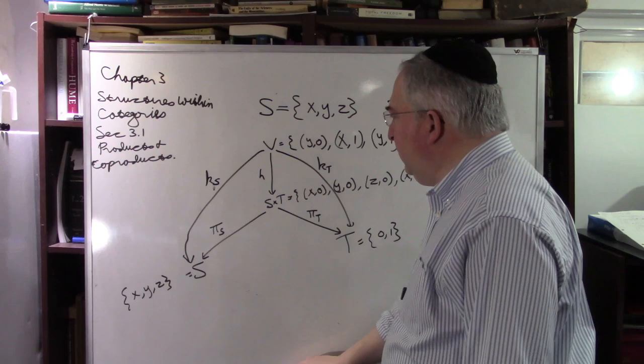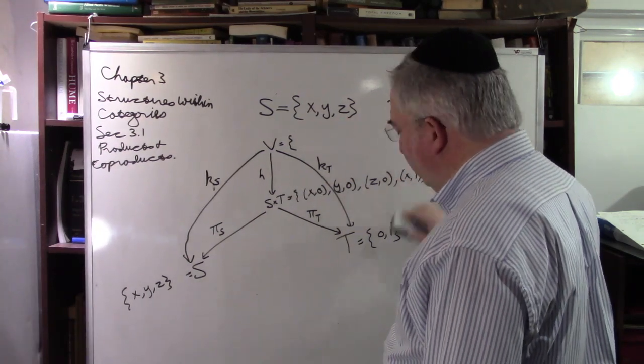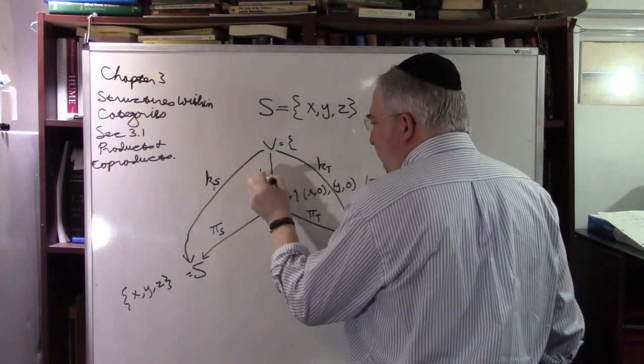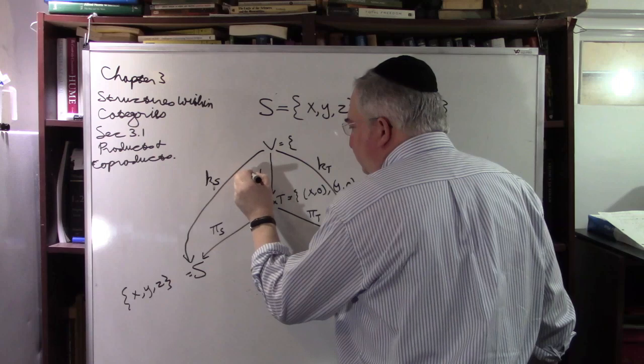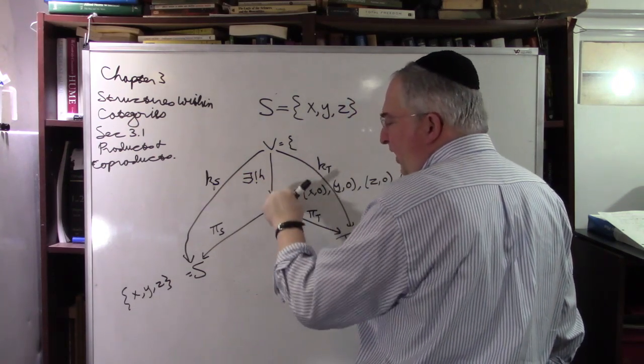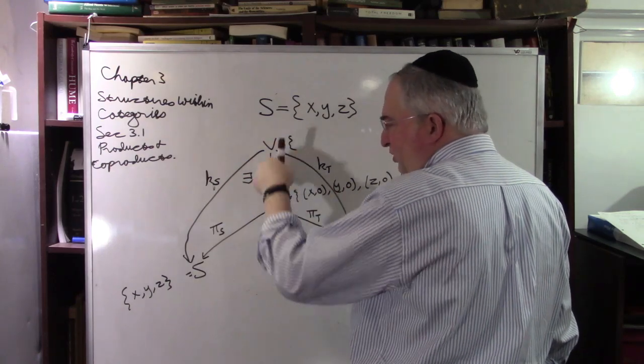Great. Now, let's look at another set, V. I'm sorry, I just want to write this another way. I'm going to write it 2 different ways. We're going to say there exists a unique H. There is only one H that makes these 2 things commute. And that's the inclusion.